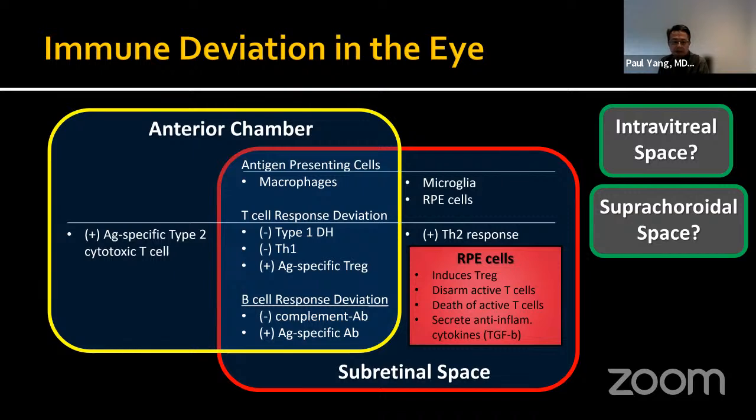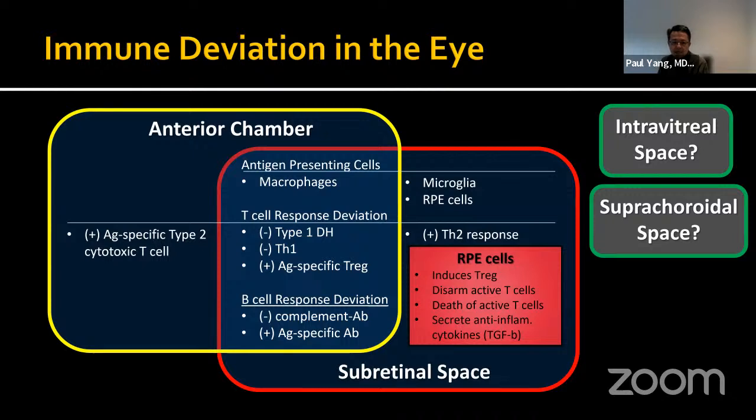So in ACAID, anterior chamber associated immune deviation, the eye acts in concert with the systemic immune system to create a form of immune deviation that inhibits type 1 delayed hypersensitivity, inhibits Th1 response and complement antibody responses.